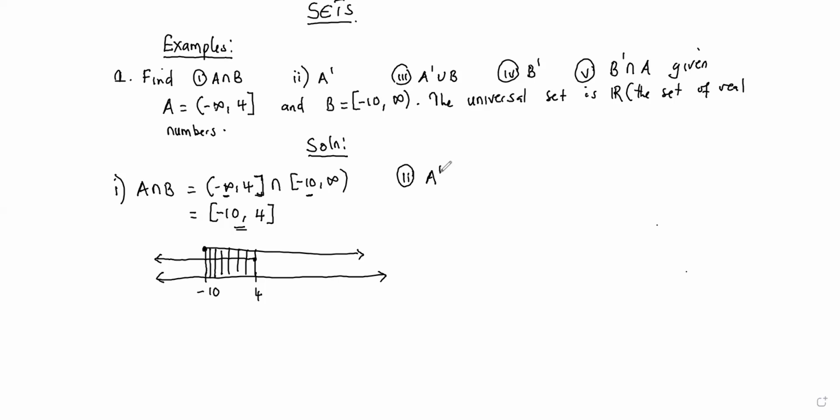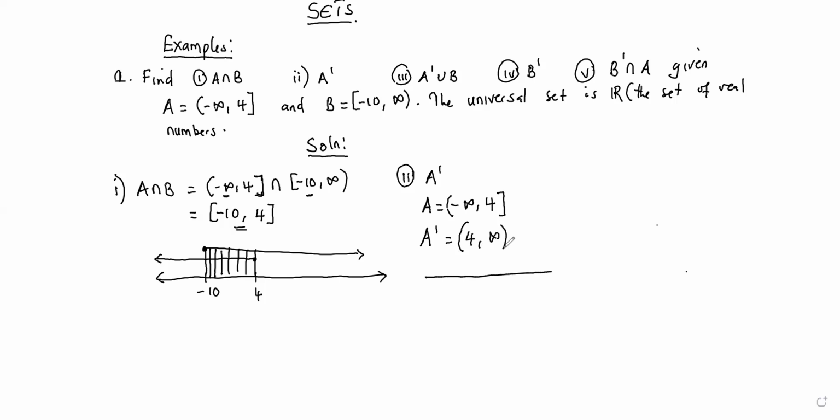Okay, so since A takes from negative infinite up to 4, including 4, it means that A complement is going to take 4 as a boundary, but won't include 4, and go all the way up to infinite.